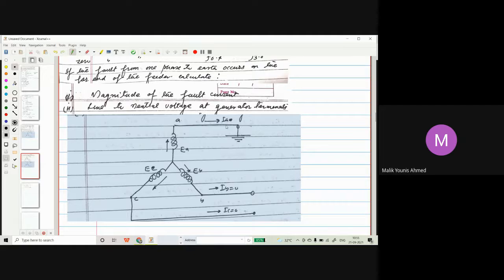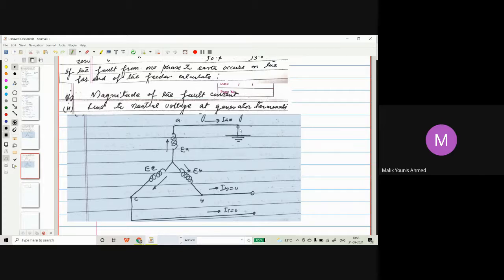Suppose phase A is considered. A fault from one phase to earth occurs on the far end of the feeder. You have to calculate the magnitude of the fault current, and then the line to neutral voltages at the generator terminal. So two things you have to calculate.